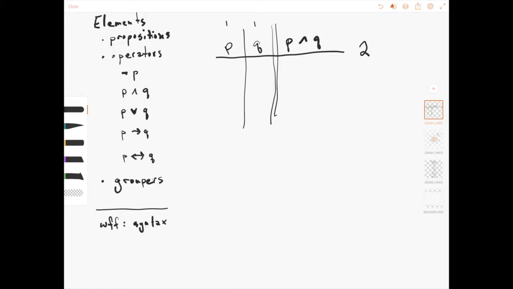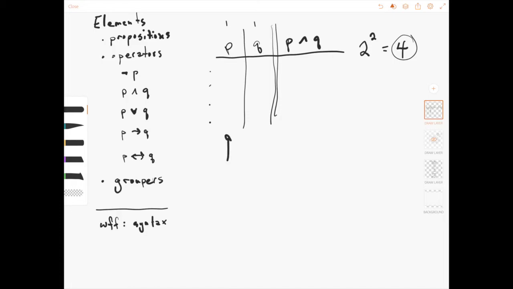In this case, we have only two, and you use that as the power. So 2 to the second power, you remember that means 2 times 2. 2 times 2 is 4, and that is the number of rows we need. So you can indicate this like that, 4 rows.